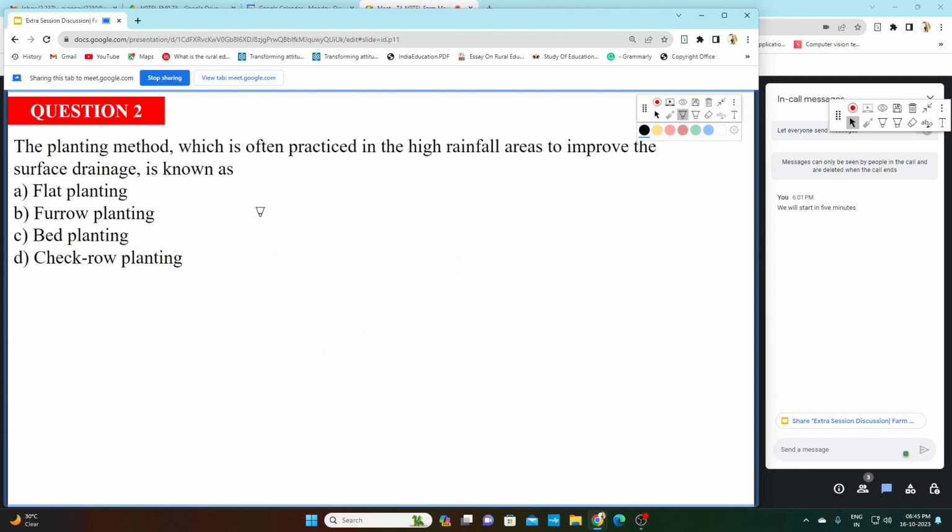Question number 2. The planting method which is often practiced in high rainfall areas to improve surface drainage is known as option A flat planting, option B furrow planting, option C bed planting, or option D check row planting.